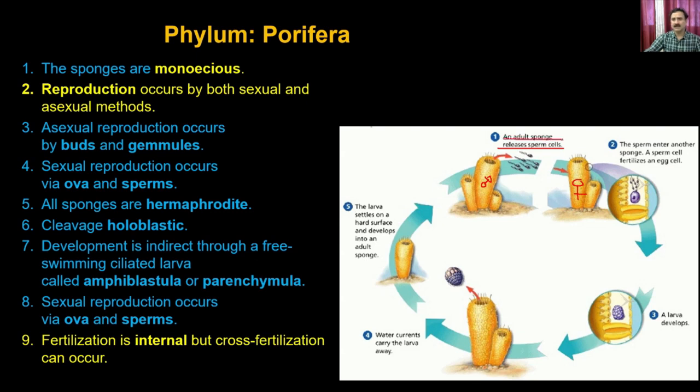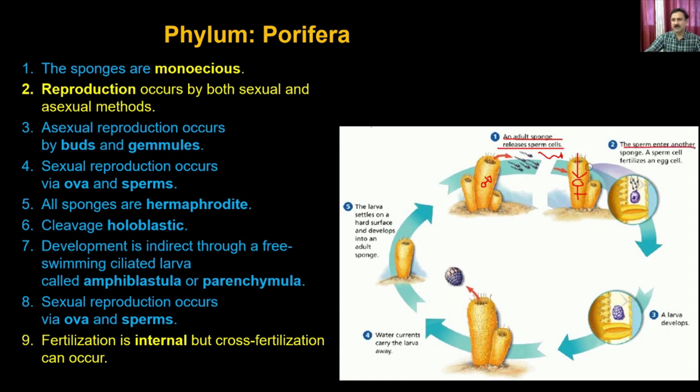So the male is producing the sperms, and with the help of water, they enter through the osculum into the neighboring female body, where the sponge is having the egg.